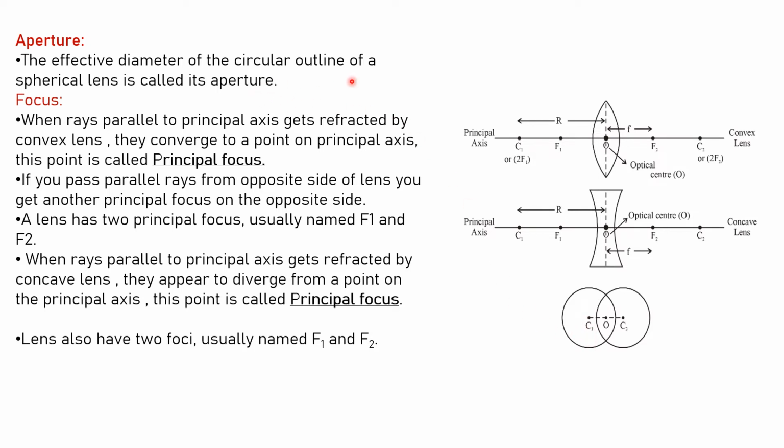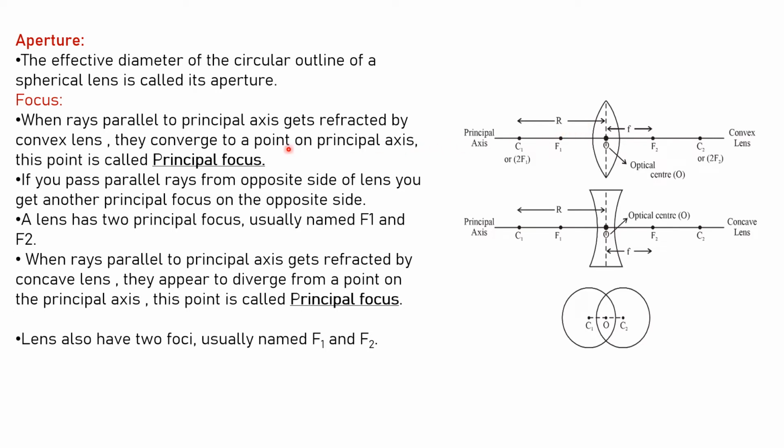Focus, we have already seen. Whenever there are rays parallel to the principal axis, they meet, or they seem to come out from a particular point, and that is known as the focus.